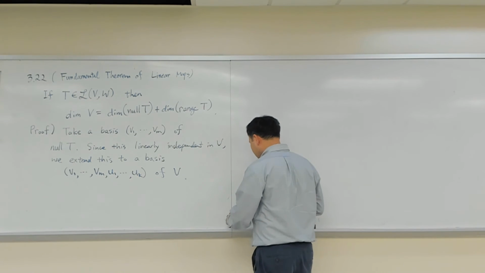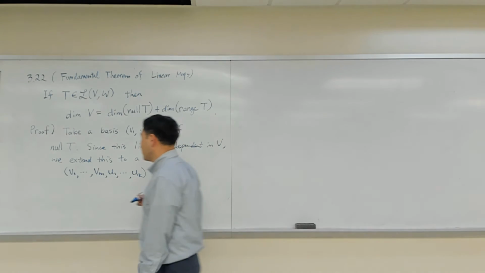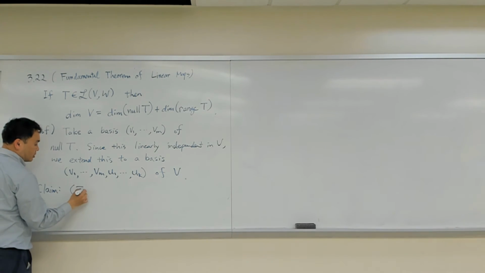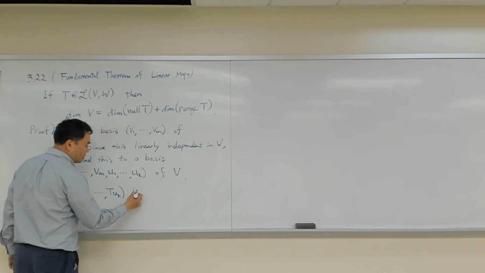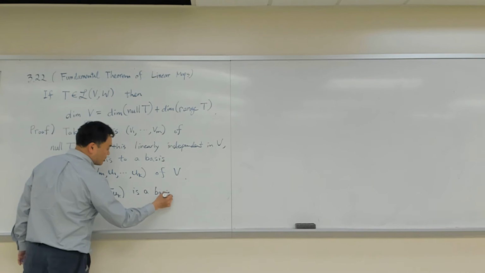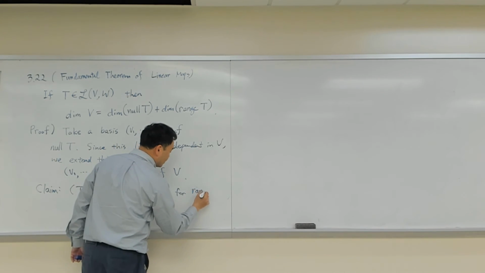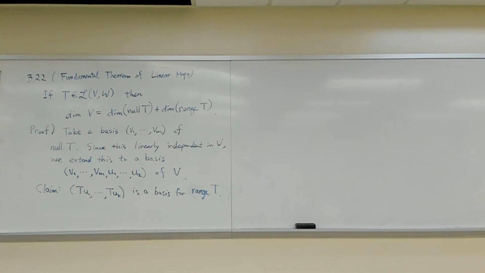Well, claim: T of U1 through T of UK is a basis for the range of T. Okay.